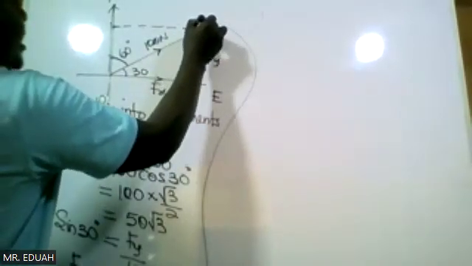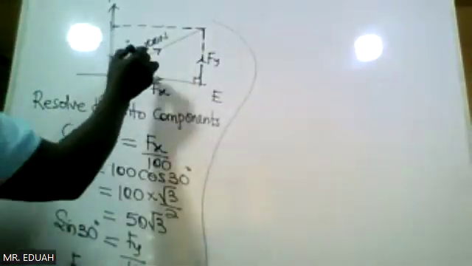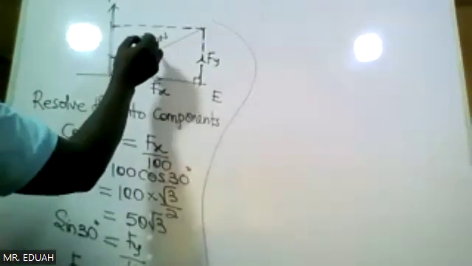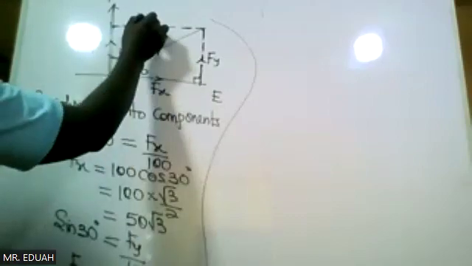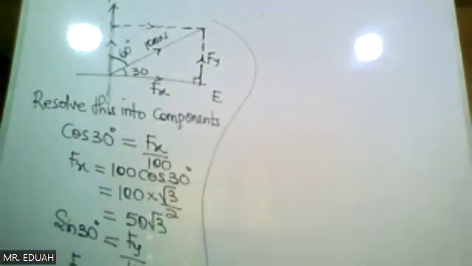So I want to use the angle 60 degrees. But to the angle 60 degrees, this side will be the adjacent and this side is the opposite. They must also obey the triangle law of vectors.